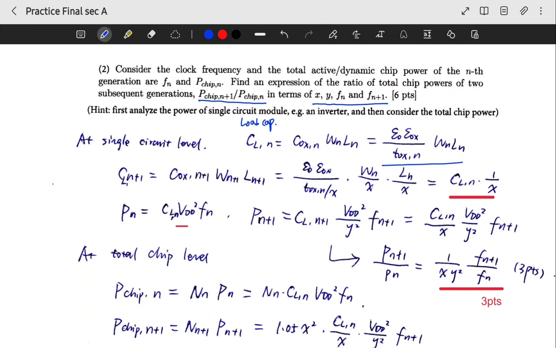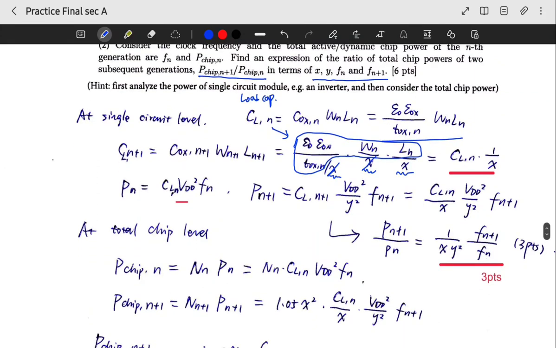This is a given value, and Tox is scaled by X, W scaled by X, L also scaled by X, and X is canceled out here, and you will see this one is the same as this one, and we have CL n times 1 over X.